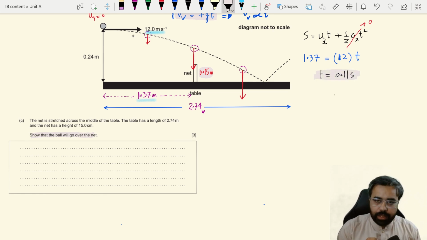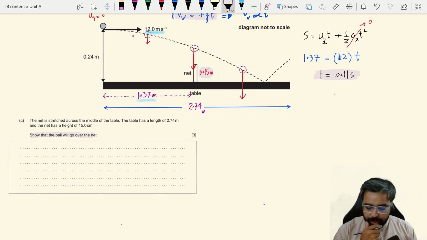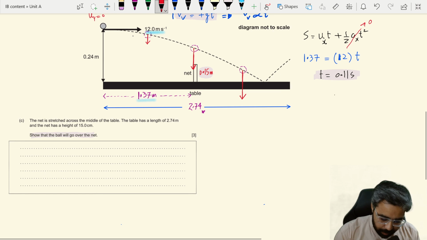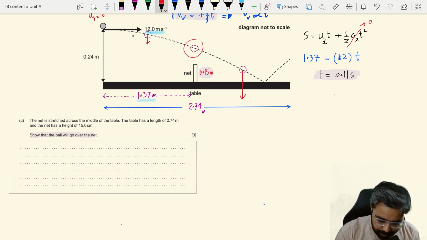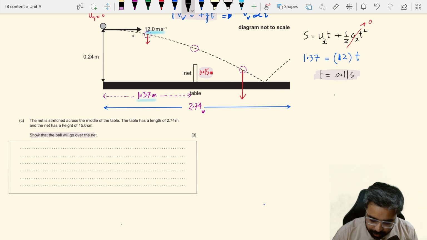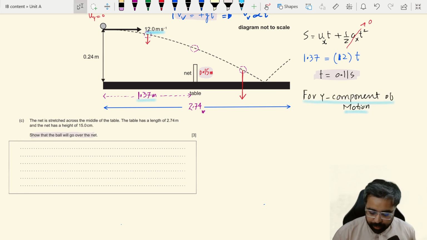So at this time, what is the height of the ball? How can we find it? Now, what is the position of the ball? So I'm assuming, let's say this is the position of the ball. So if I apply this equation again, but now for the y component of the motion. Why the y component?